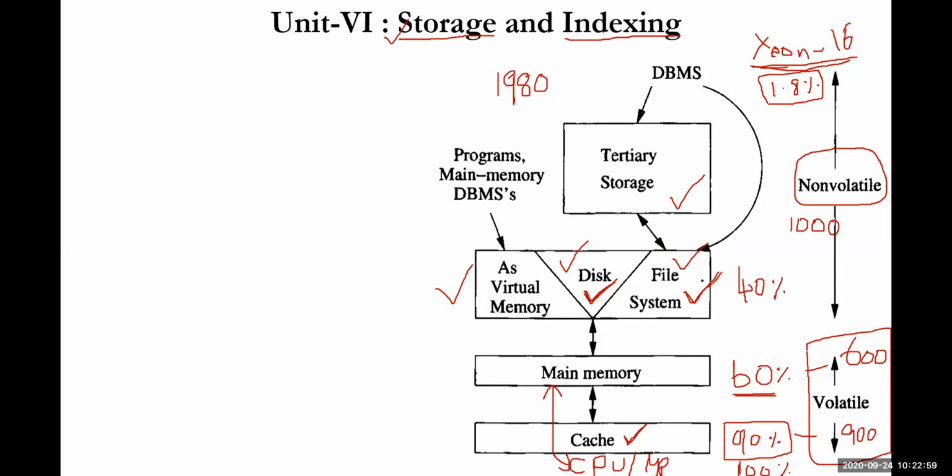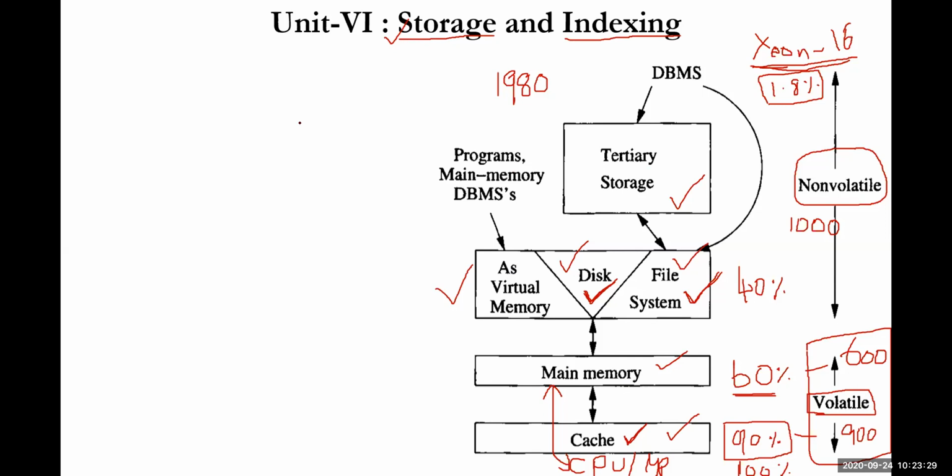Whereas with main memory or cache memory, as soon as the electricity supply is switched off from the computer, the contents of main memory and cache memory get lost. That is why it is called volatile. We cannot assume that the data will be available forever within the memory. That is the specification regarding this storage.